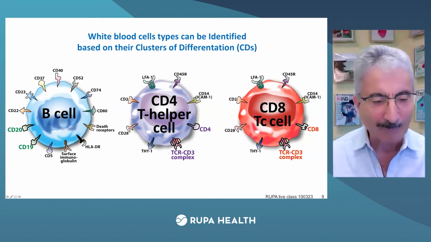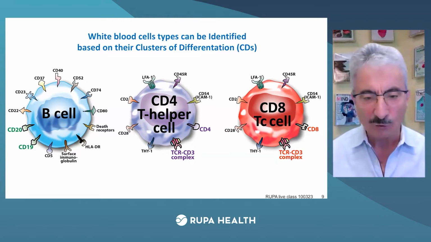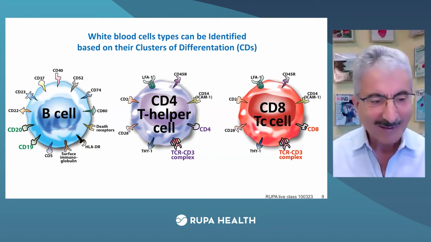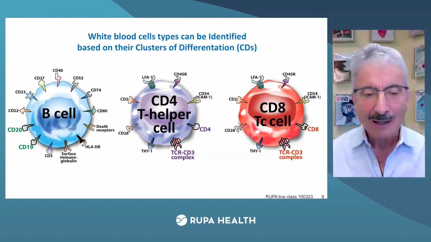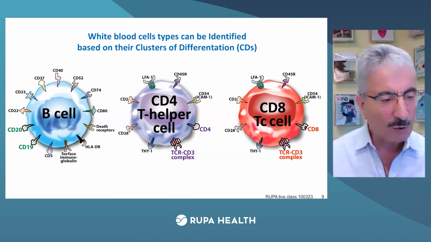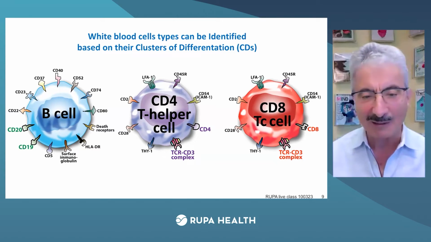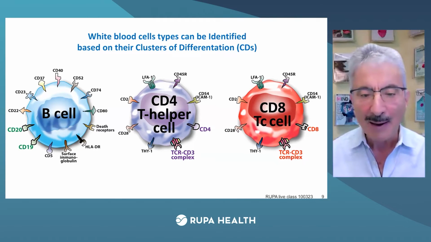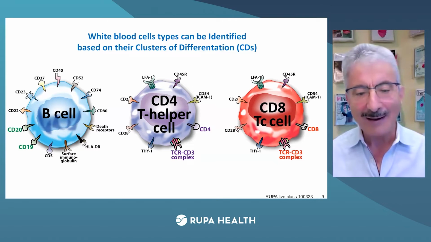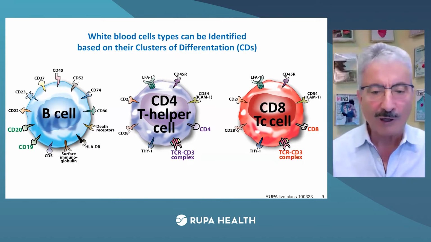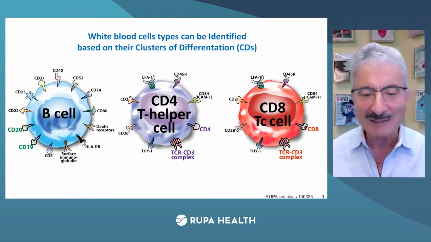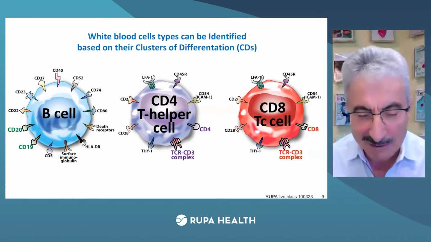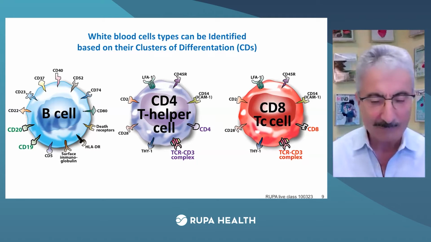So if we add monoclonal antibody to a drop of blood, that drop of blood can stain B cells with red or green or blue, and then the flow cytometer will separate these cells based on their color, and the computer will count the number of B cells in that drop of blood with very high accuracy and reproducibility.